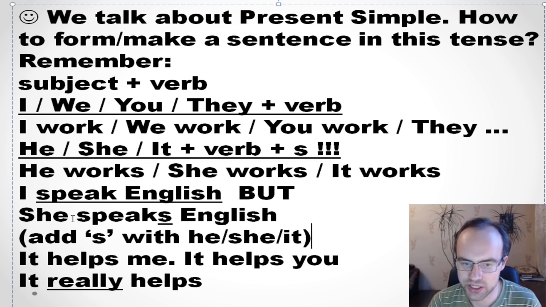She speaks English because we have she. It helps me. We have s because we have it. It helps you. It really helps.